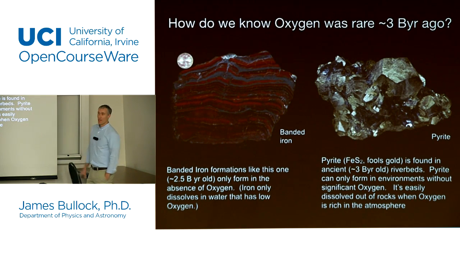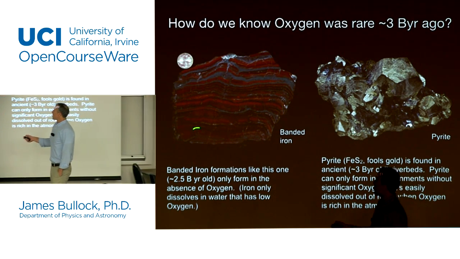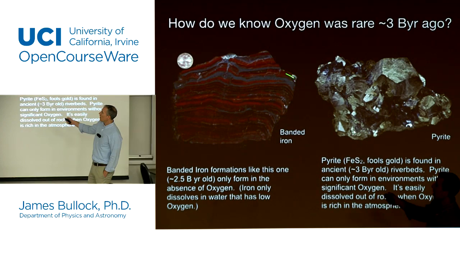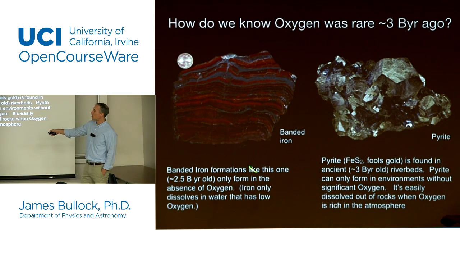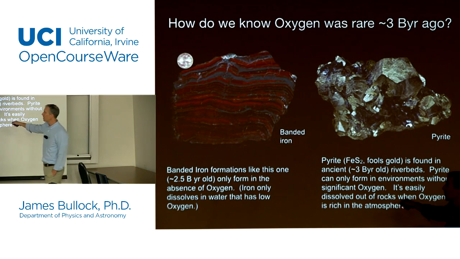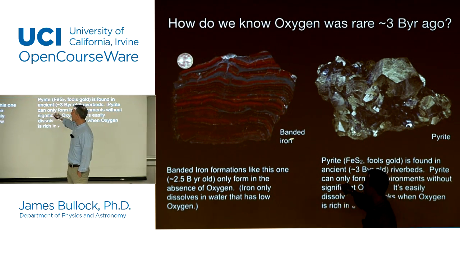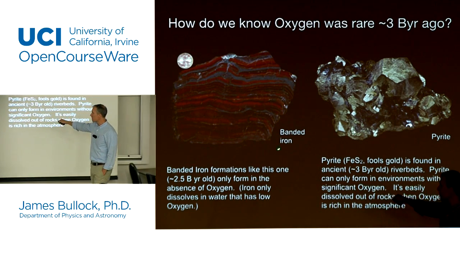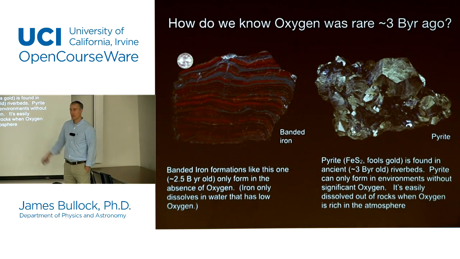So how do we know all this oxygen was rare 3 billion years ago? And this was getting to your question. One of the ways is we see this old stuff called banded iron formations. This one here, in particular, is about 3.5 billion years old, which is dated by radiometric dating. Now we know that you can only really form banded iron deposits like this in the absence of oxygen.